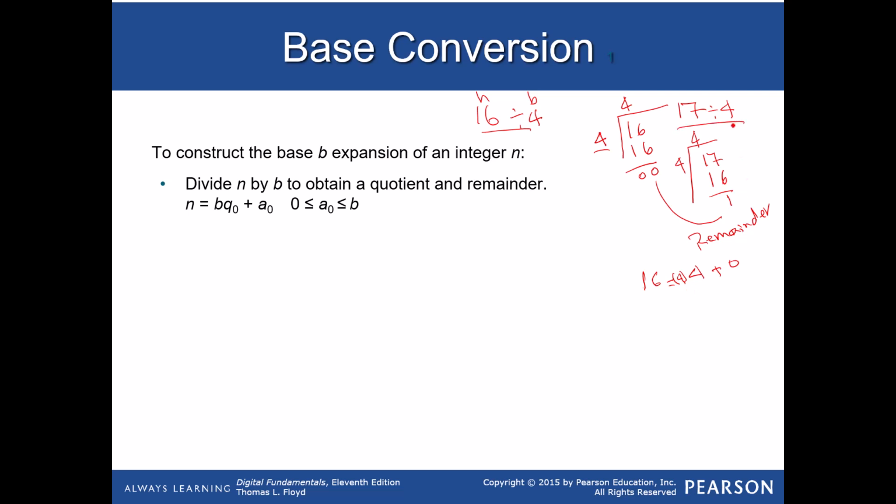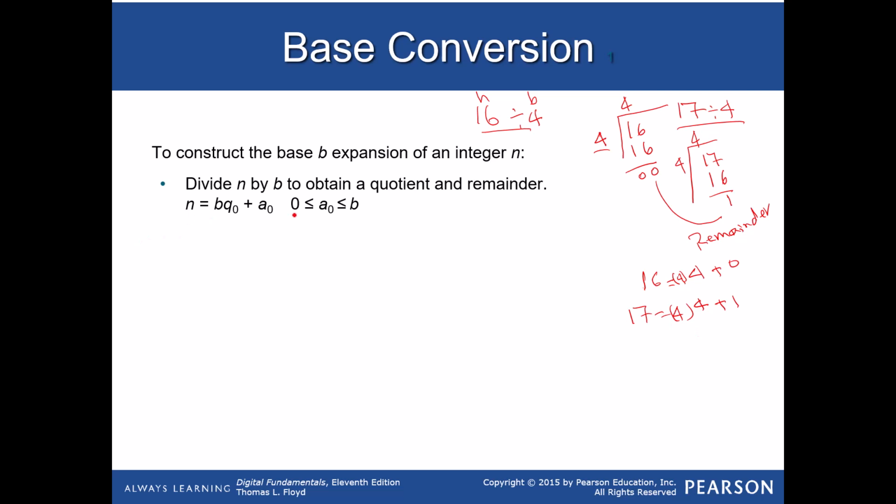In the case of 17 divided by 4, we can write the equation as saying 17 equals 4 times, and I'm using the parentheses to indicate multiplication, times 4 plus 1.